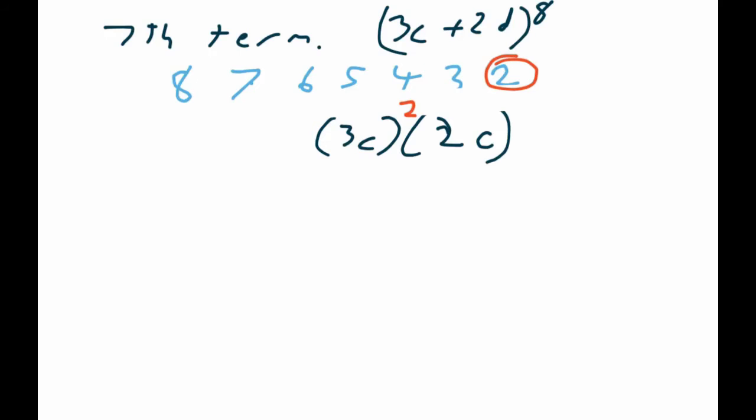Now, I'm going to put a 6 underneath the 2d because we need the 2 exponents to add up to 8. And so I'm going to have 8 NCR, and then you can pick either one of the exponents because it's going to be the same thing to be the number in front.